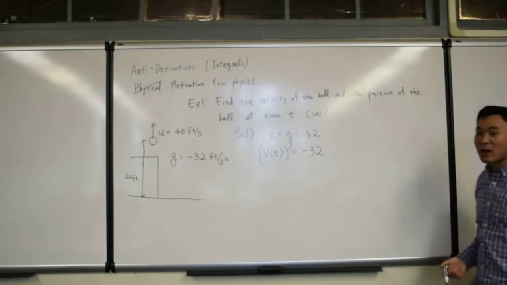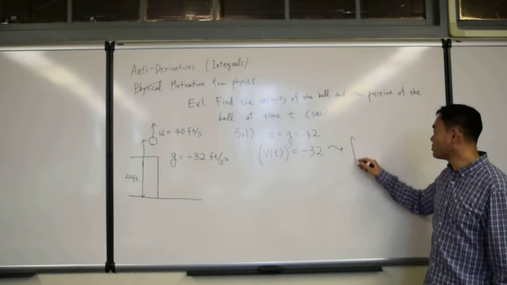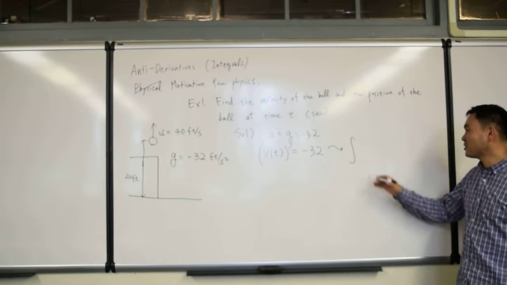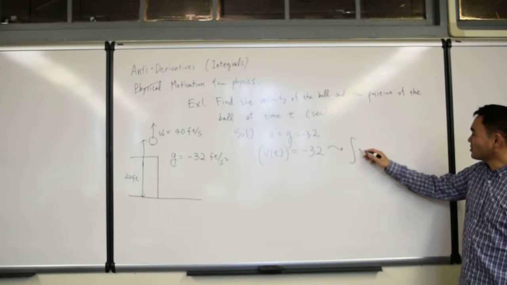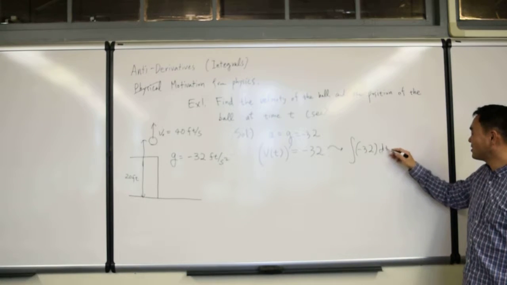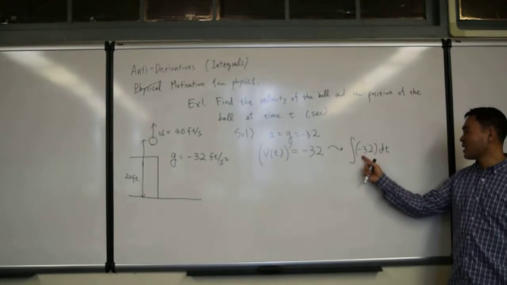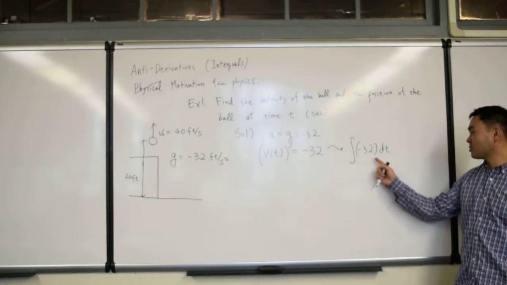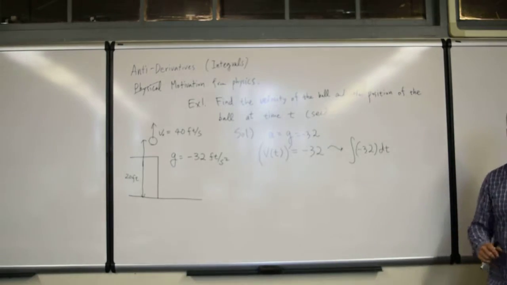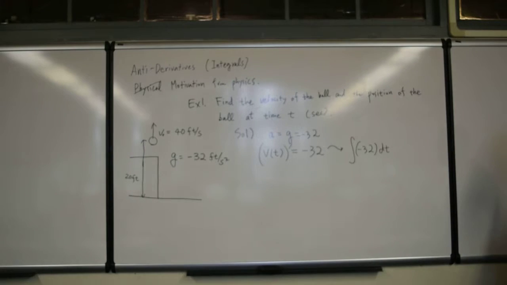And since we just found an awesome, very cryptic looking symbol, we'll write it this way. So you're doing the antiderivative of negative 32. That's what we're trying to find. That's the way we're going to do this.